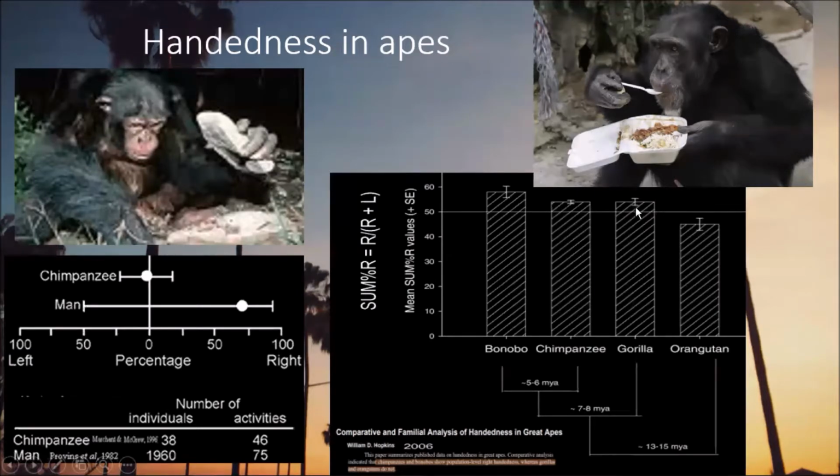The gorilla, even though it looks right-handed here, the conclusion was they weren't. This is old data saying the chimps show left and right equivalently, and here we are over here. But that's old data. Here's the new data, showing that becoming right-handed may have emerged at least 6 million years ago.